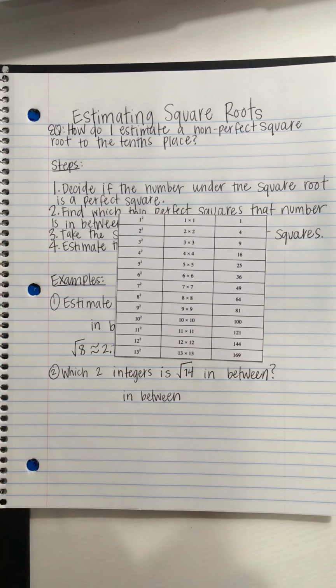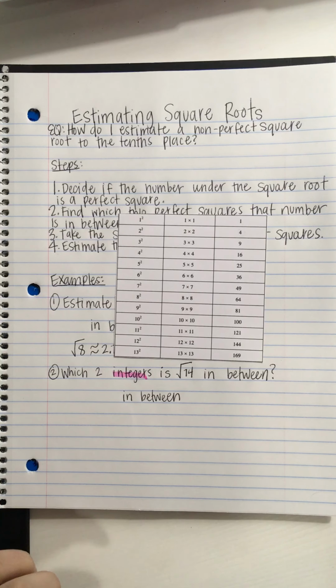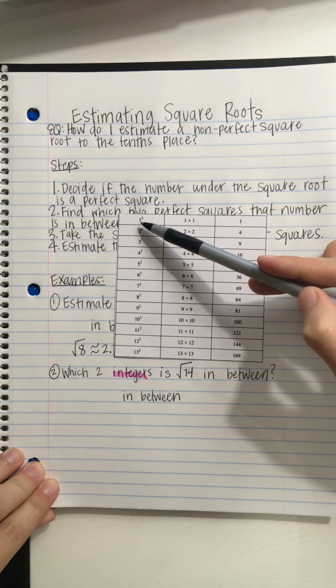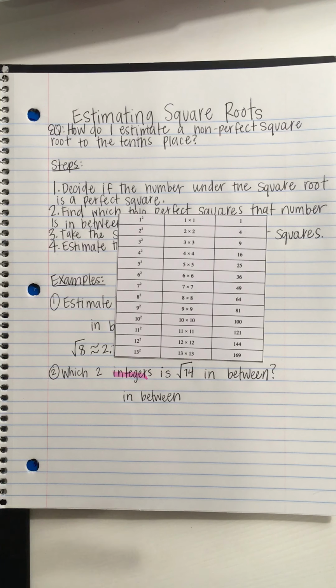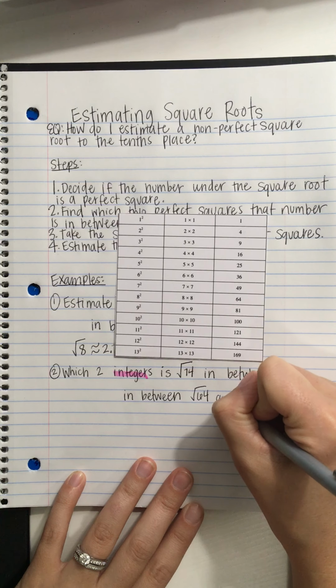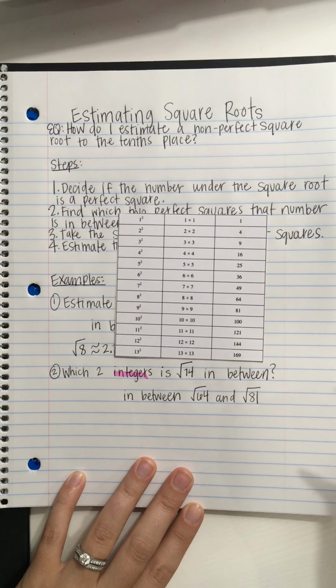Now, this is asking for which two integers. So our end answer should be an integer: 1, 2, 3, 4, 5, 6, 7, 8, 9, 10, 11, 12, 13. Those are all integers. So we're first looking at the perfect squares, and then we're figuring out which two integers it's in between. So it's in between square root of 64 and square root of 81.